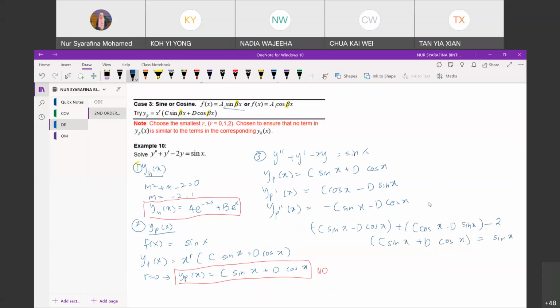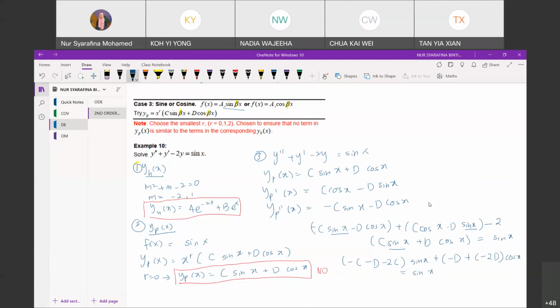Rearrange for those with sine and then for those with cos. We have minus c minus d minus 2c in terms of sin x, plus minus d plus c minus 2d in terms of cos x, equals sin x.